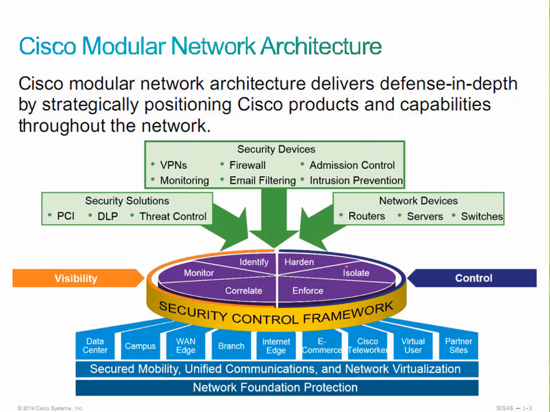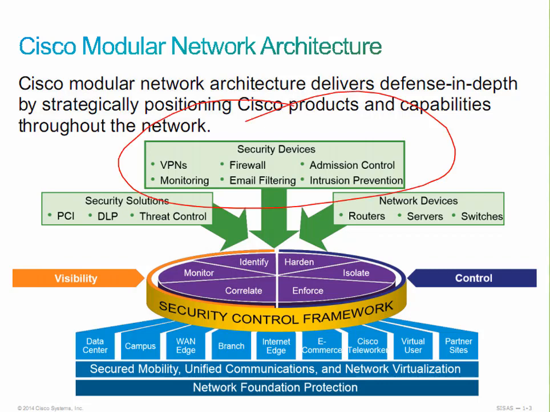You might have some sort of PCI compliance, data leak or data loss prevention, threat control components, threat control meaning identifying threat vectors and being able to employ countermeasures to protect against those different threat vectors.